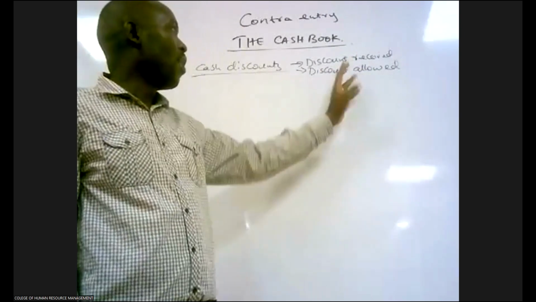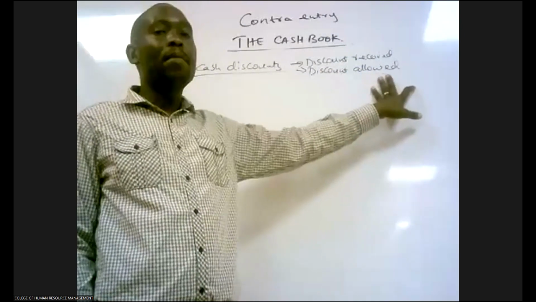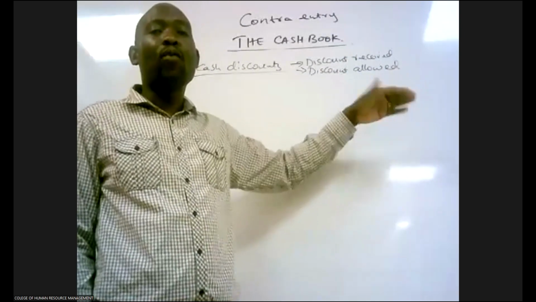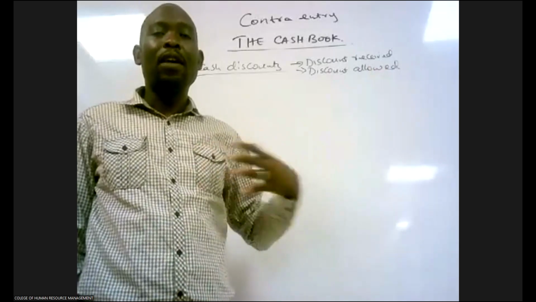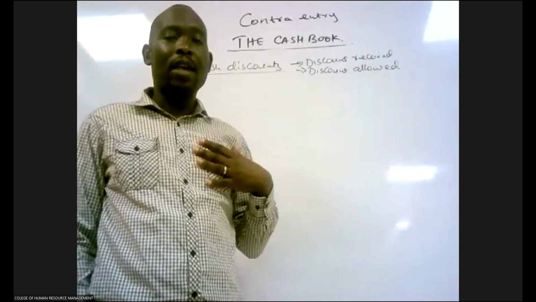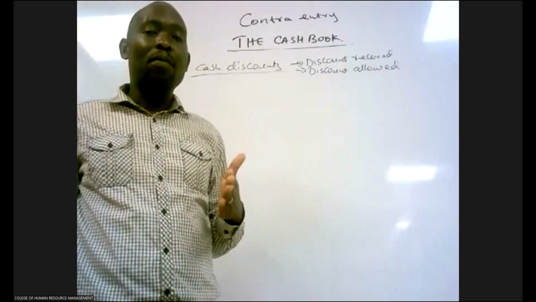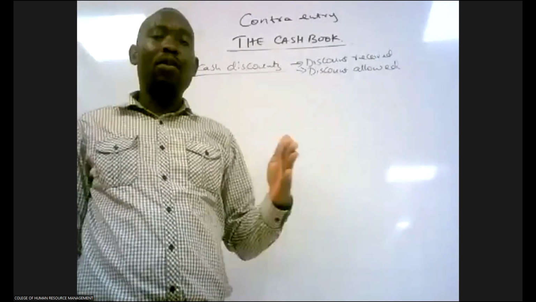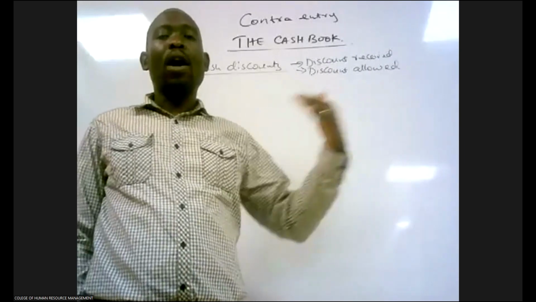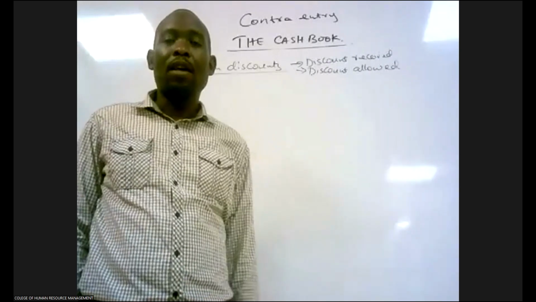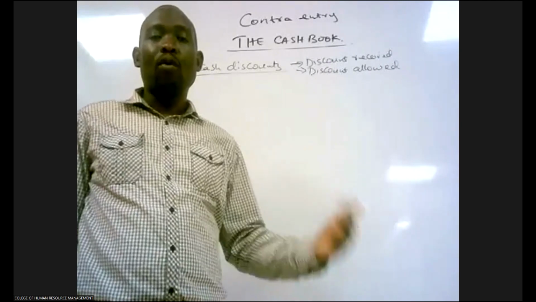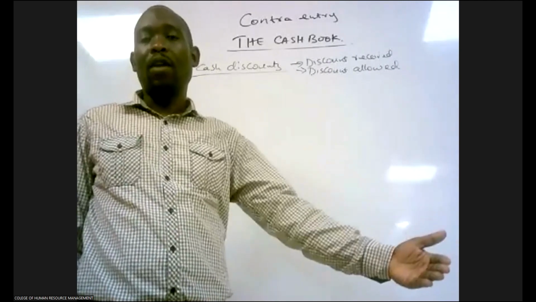The discount allowed is going to happen when we are receiving money from the debtors. The debtors are supposed to pay, so when they pay, the business will be receiving money from them. As we receive money from the debtor A, we also allow the discount to that debtor if the debtor qualifies to be allowed the discount.